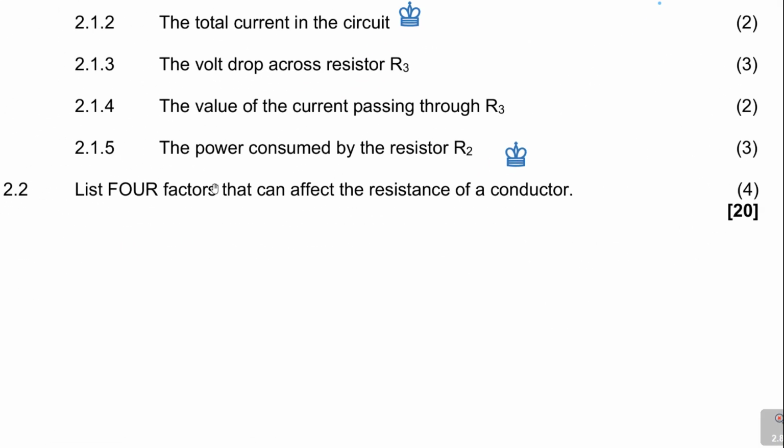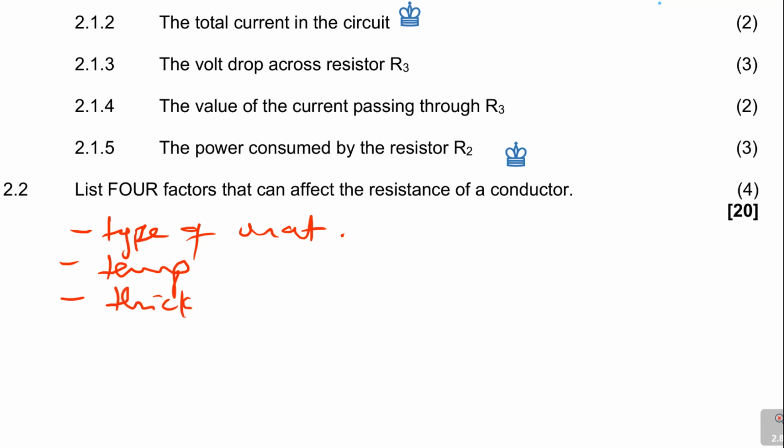That was 10 marks. Now let's say list 4 factors that can affect the resistance of a conductor. Now resistance of a conductor, number 1, we can say the type of material can affect it. Number 2, we can say the temperature can affect it. Number 3, what is it again? Is the diameter or the thickness of the wire.